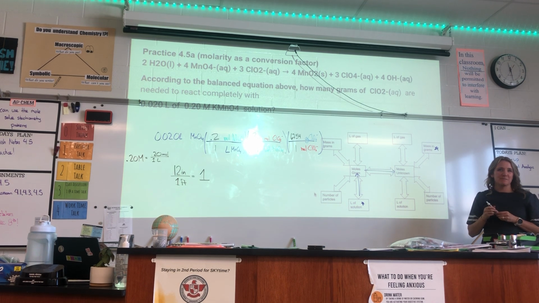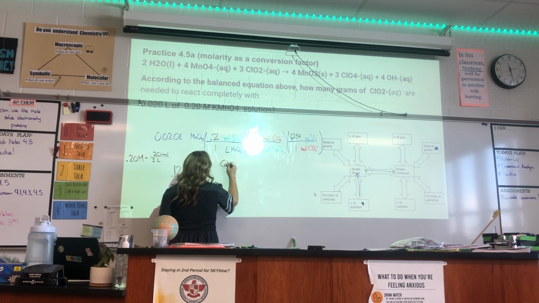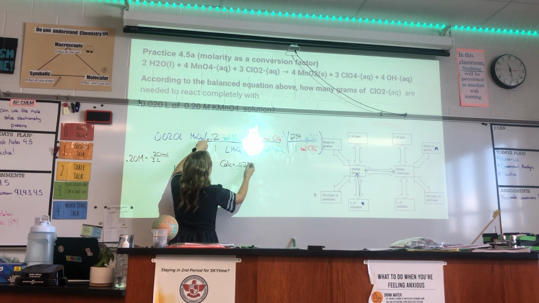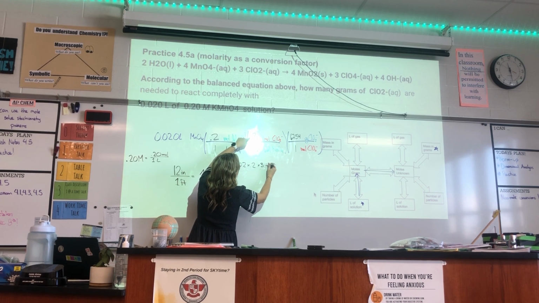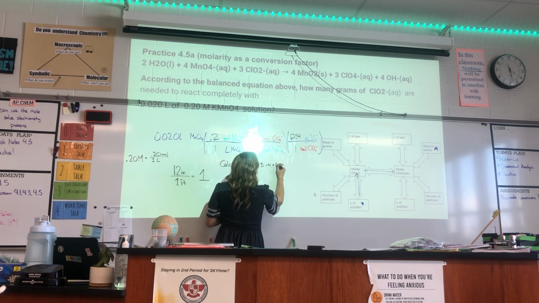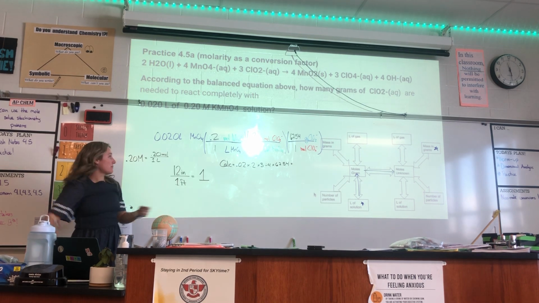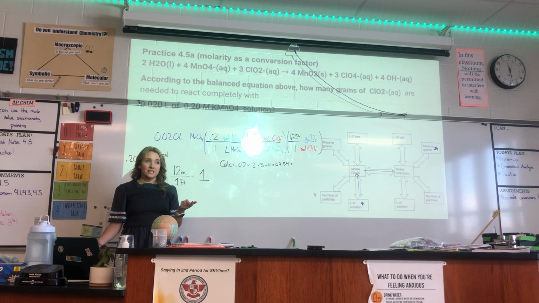Okay, questions on any of my setup? Now once again, here's how I would type it in my calculator. I'd start with 0.02 times 0.2 times 3, divide by 4 times 67.45. That's how I choose to type it in, I just take it step by step, but I ignore anything that's a 1. You can type them in as fractions.